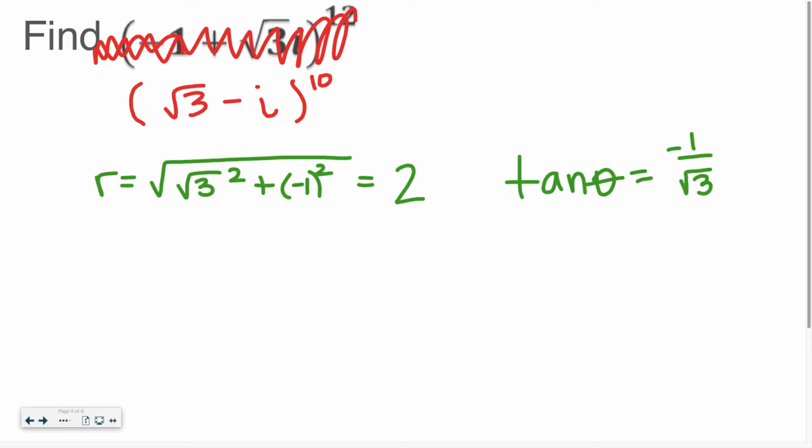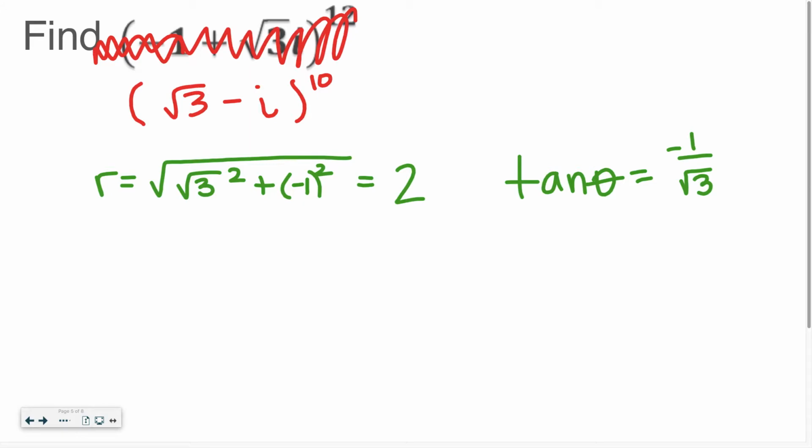Lucky for you, you do have a calculator in your hand. So if you forget your unit circle momentarily, this will give you the reference angle. Our reference angle is 30. Which quadrant does radical 3 minus i fall in? The fourth.